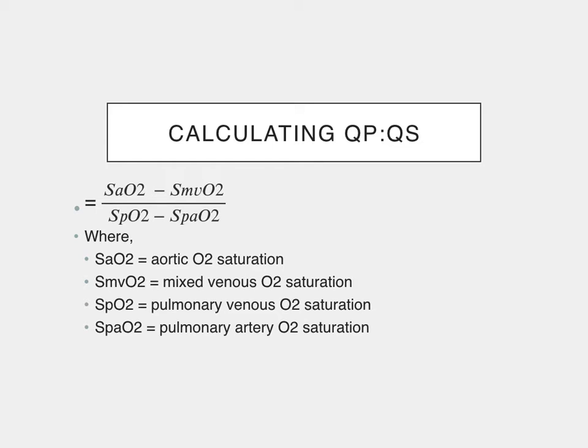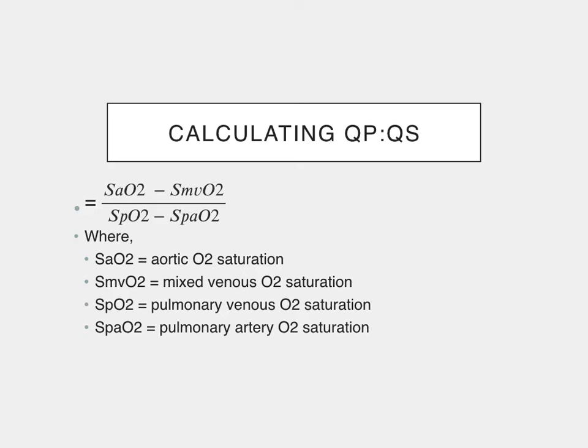The mixed venous oxygen saturation, or SMVO2, is the oxygen saturation of blood flow typically at the level of the SVC to RA junction, or IVC to RA junction.